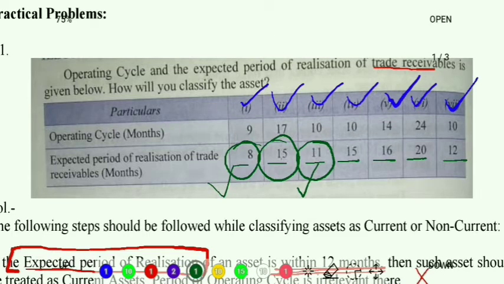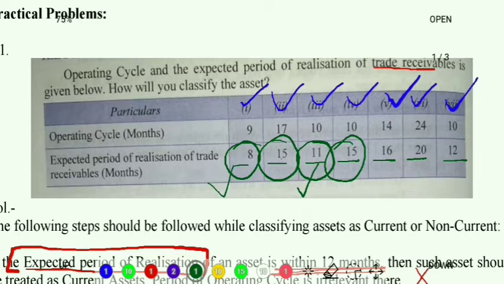Coming to asset number 4. Asset number 4 has expected period of realization as 15 months. So this is also not less than 12. So this is not qualifying in step number 1. Clear? What are we doing? We are checking the expected period of realization for all the assets provided, and whichever asset has expected period of realization either 12 or less than 12, automatically we are classifying it as a current asset.